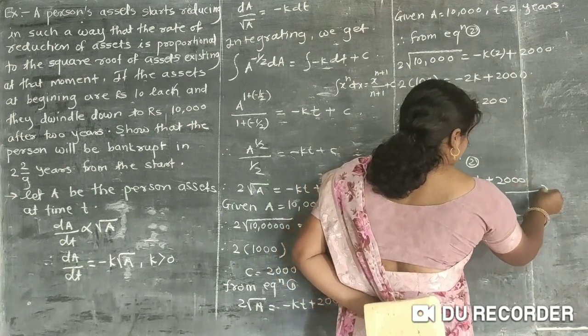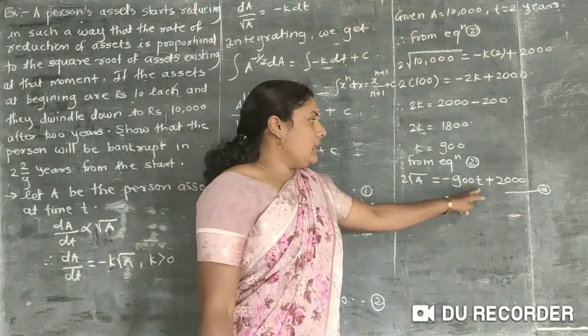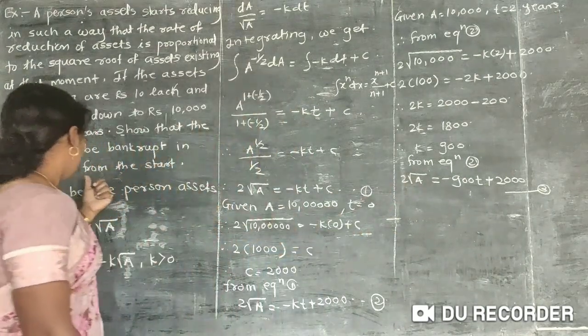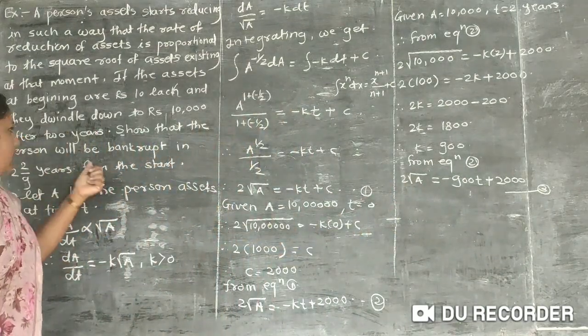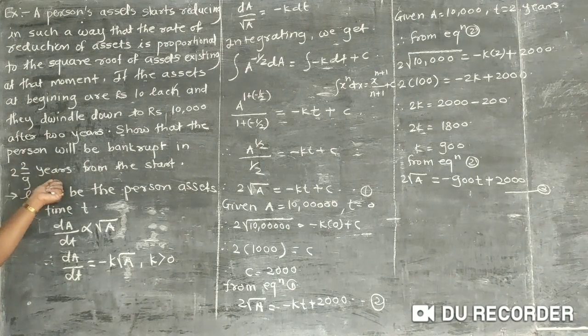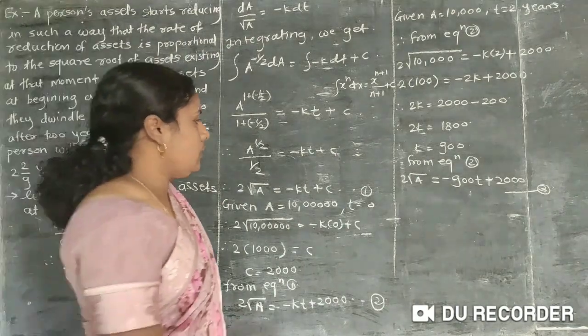Suppose this is equation 3, and in this equation there are two variables A and t, and using this equation we have to calculate the value. Next, we have to show that the person will be bankrupt in 2 2/9 years, that is the value of A is 0.